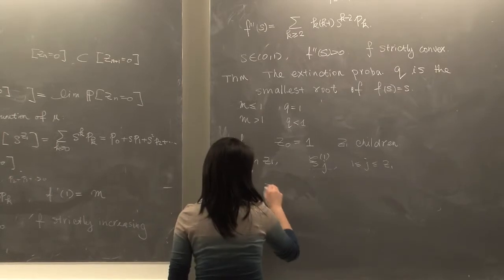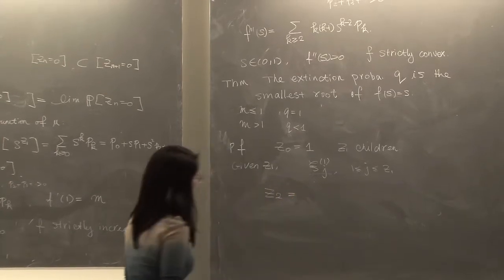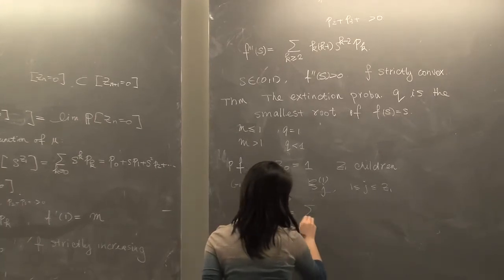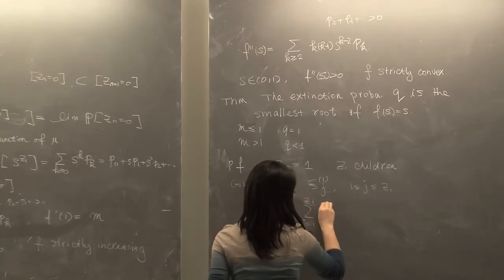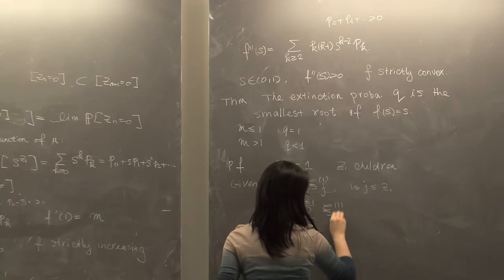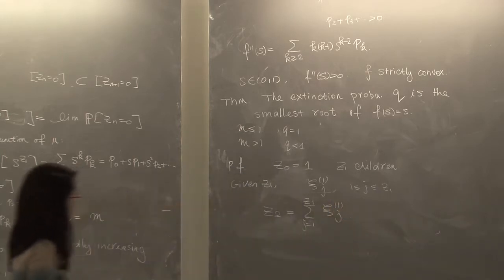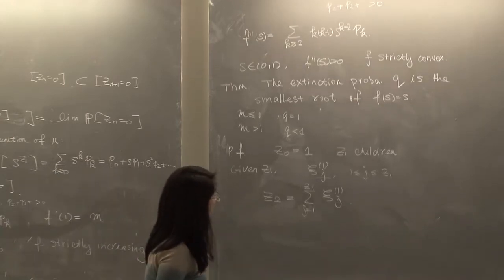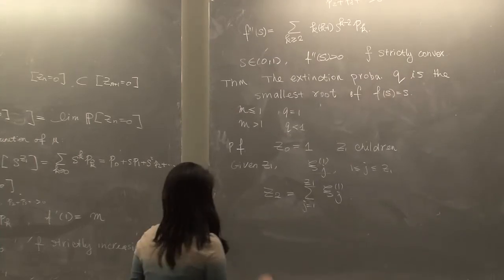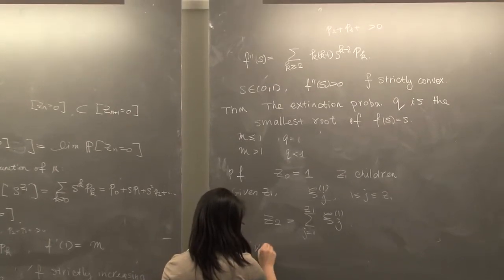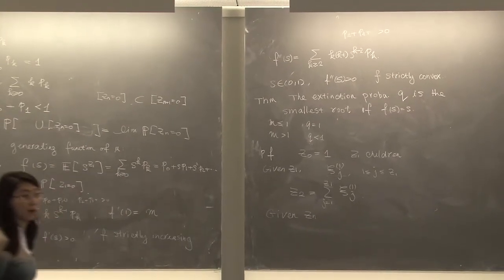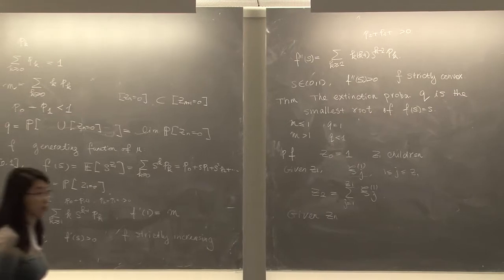So for the second generation, the total number of particles is the summation of these numbers. Okay, so this is the second generation. And generally, suppose we know Zn, how many particles we have in the nth generation.